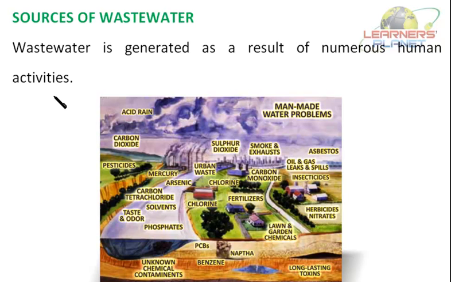Institutions means such types of factories and industries, which is directed to treatment plants by a carefully designed and engineered network of pipes. So this wastewater is further categorized and defined according to the sources of origin.